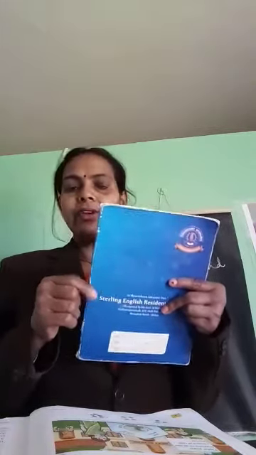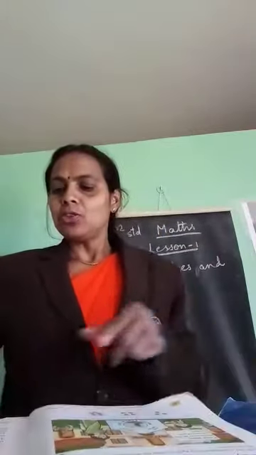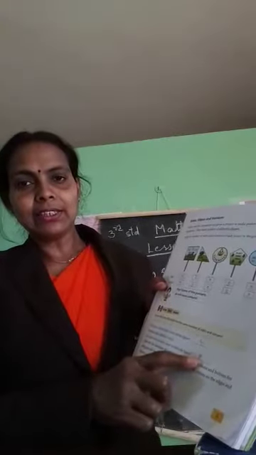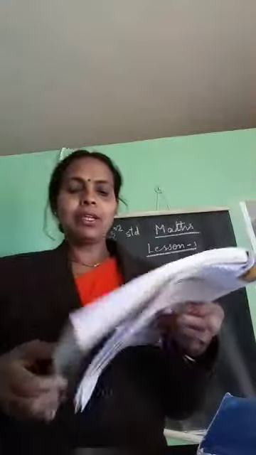Count 1, 2, 3, 4, 5, 6, 7, 8. 8 corners are there. 8 vertices are there. So write down 8. Can you see? Write down 8.